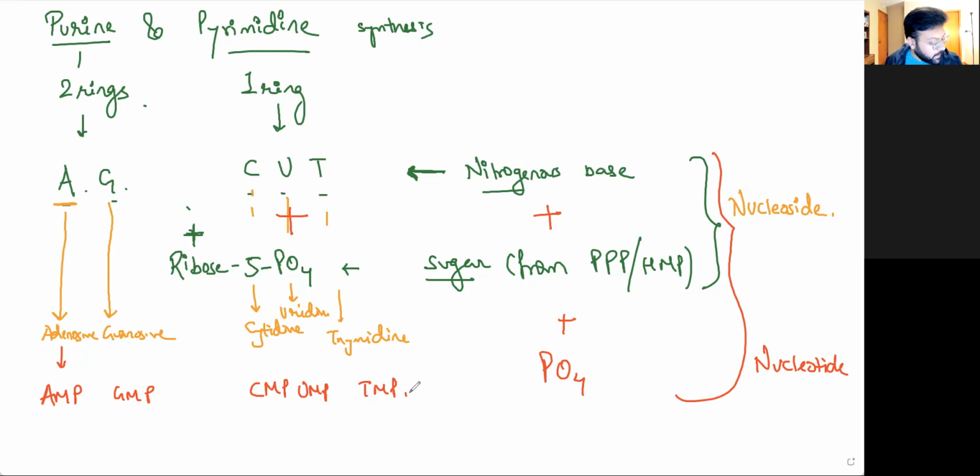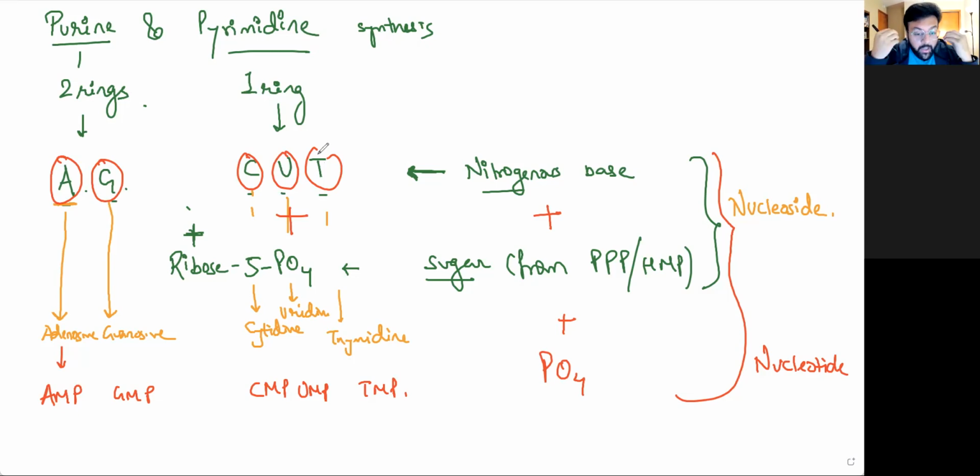Now we are going to do purine and pyrimidine synthesis. These are purines and these are pyrimidines. We will make them: AMP, GMP, CMP, UMP, TMP. That means we are going to make nucleotides.